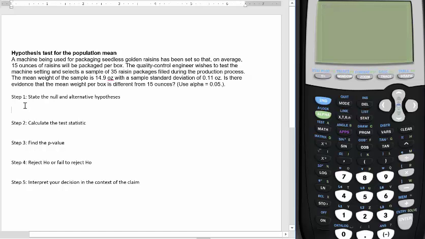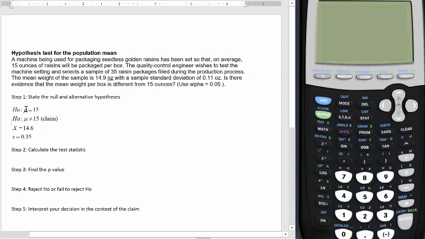So this is the null hypothesis, H0, we label that H0: mean is 15. It's always an equal sign in the null hypothesis, always. HA is the different from, so it's different from 15, and that's what the engineer is trying to check.